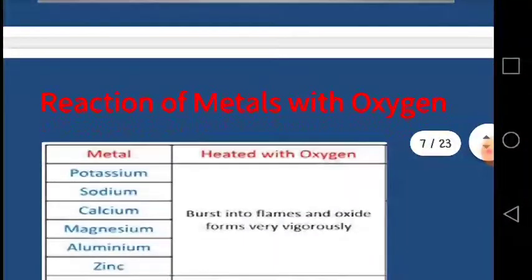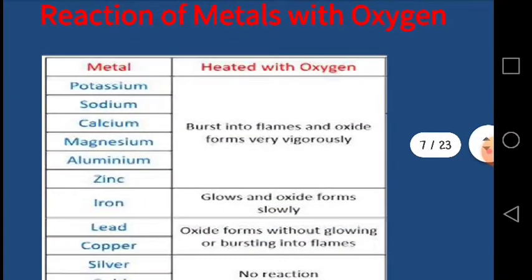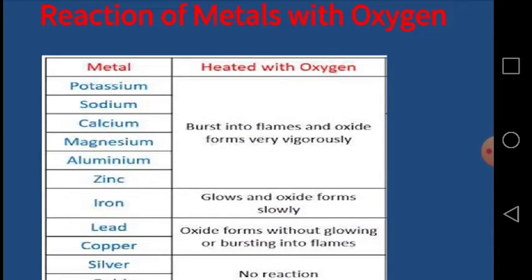Now we are going to consider the reaction of the metals with oxygen. Dear students, potassium and sodium burn to form both oxides and peroxides, while calcium, magnesium, aluminium, zinc, and iron burn with decreasing vigour to form oxides.